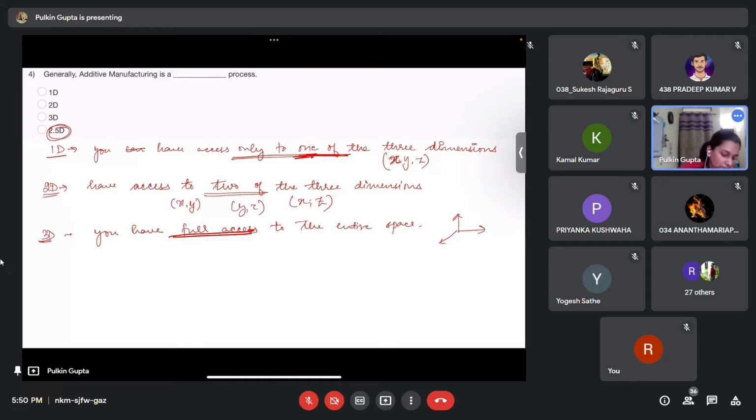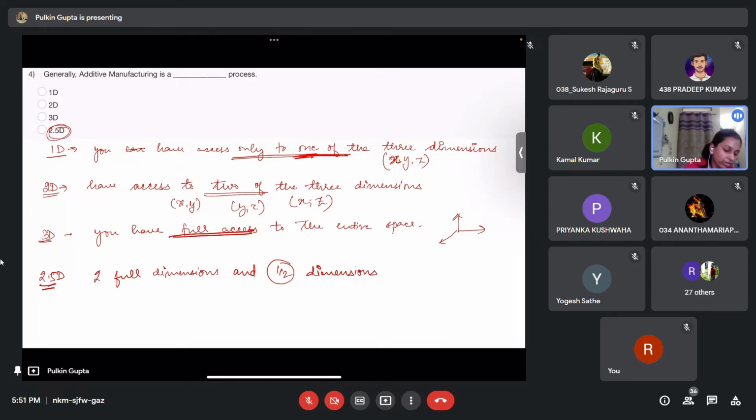We say in 2.5D, you have access to two full dimensions and one half dimension. And in the third, you have only half dimension access. So what does it mean?